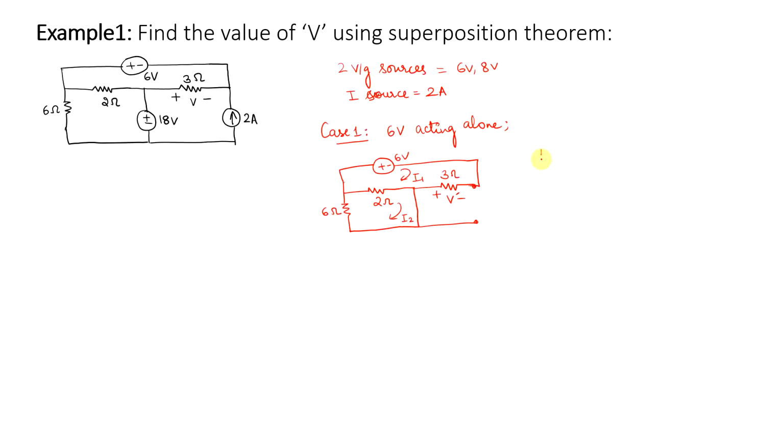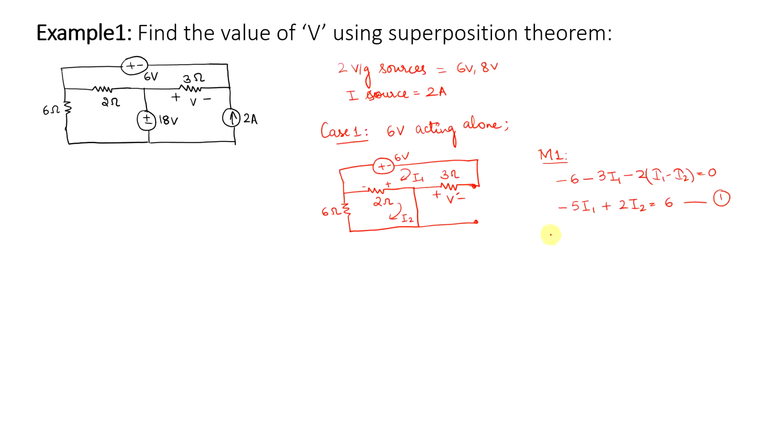On applying KVL to mesh 1, I have minus 6 minus 3 times I1 minus 2 times, this is my dominant mesh, so it is (I1 minus I2), equal to 0. This equation I can rewrite as minus 5 I1 plus 2 I2 is equal to 6. Let me name this as equation 1.